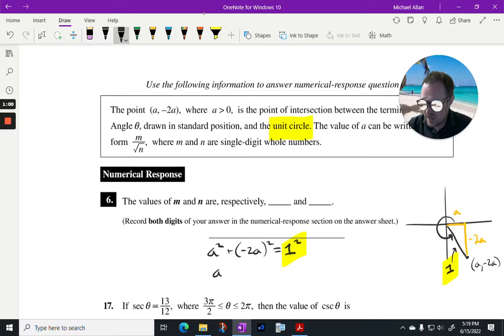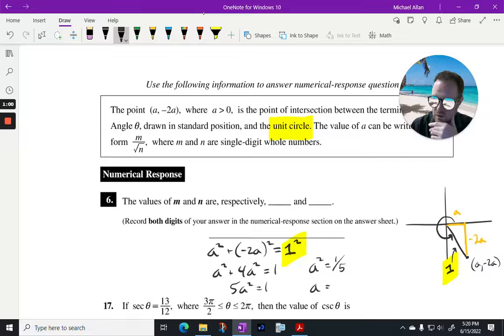So let's do some math here. This is going to end up being a squared plus 4a squared is equal to 1. So this is technically 5a squared is equal to 1. That means a squared is equal to 1/5. So you just divide the 5 over, and then you take the square root of both sides.